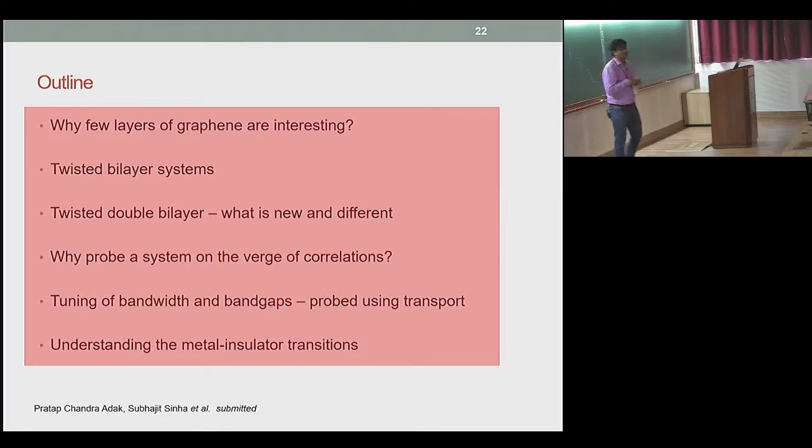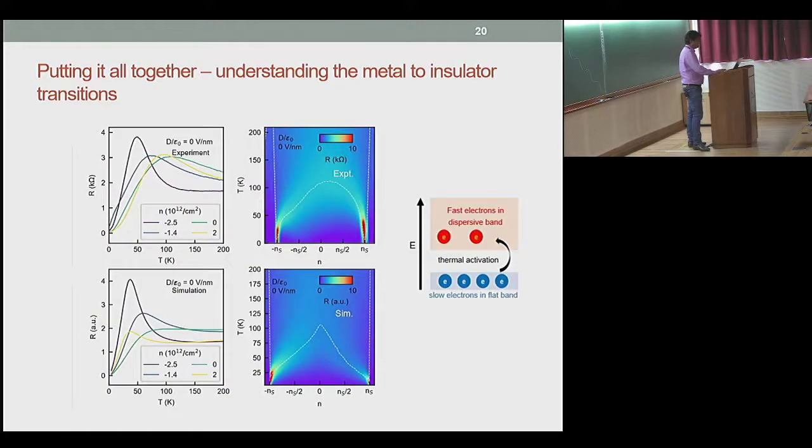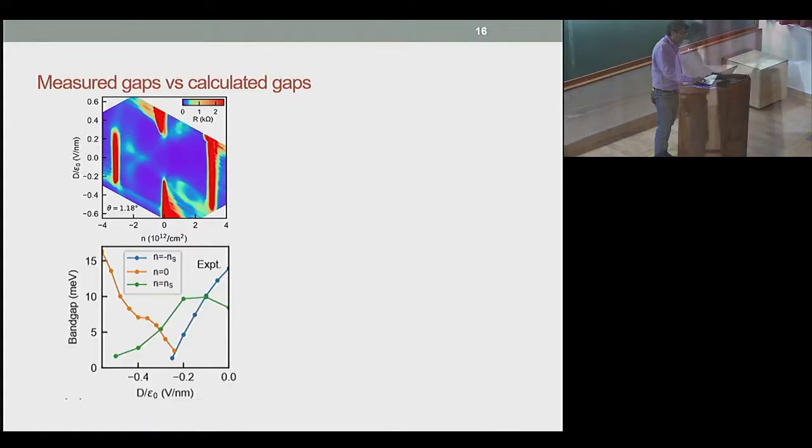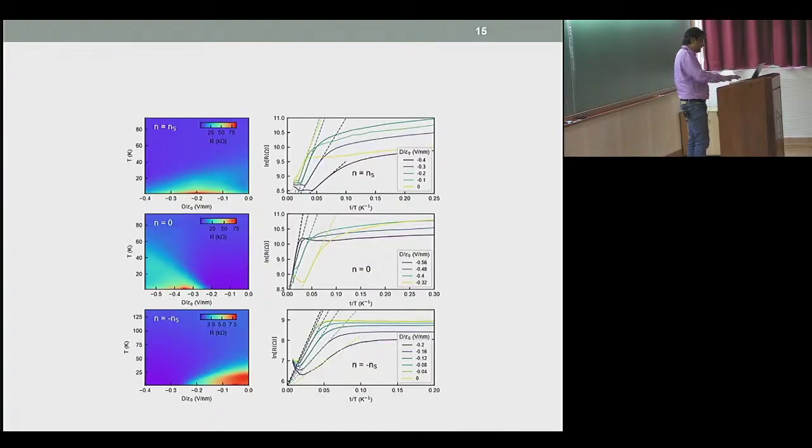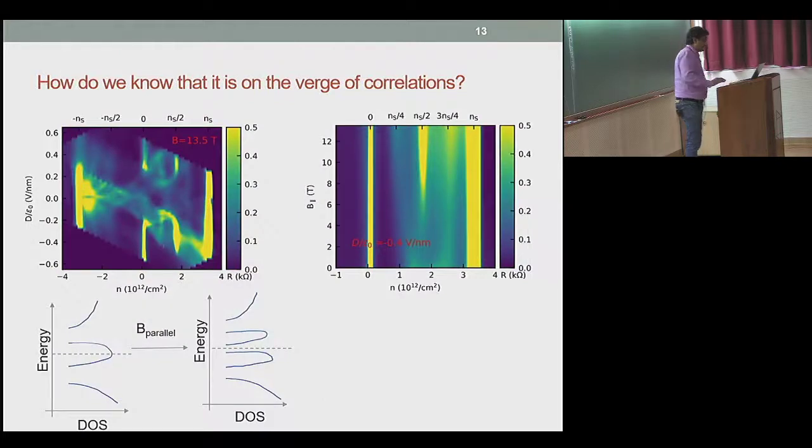A second question regarding the parallel field, which you didn't talk about: you are able to see the gap opening at all integers, right? Depending on how you define it, ns by 2 is the strongest gap. In this data, at ns by 2 you see the strongest gap, and at ns by 4 and 3 ns by 4 there are also gaps, but they are smaller. So what's the origin here? I think Ashwin has a theory paper out on it, but these are magnetic insulating states formed in the system.